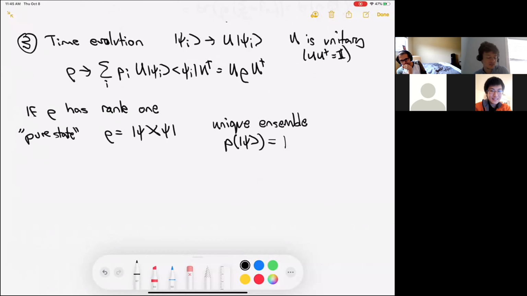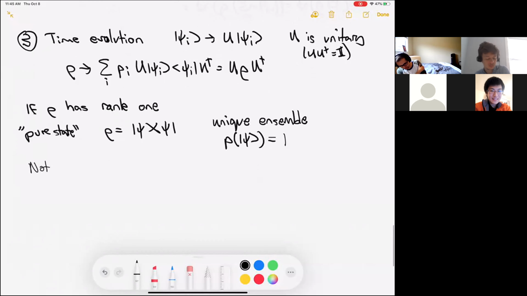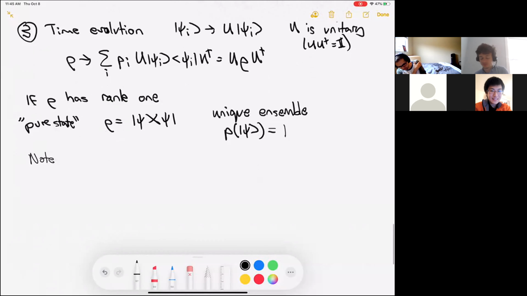One of the nice features of working with the density matrix, even if the state is pure like this, is that previously it didn't matter if the state was psi or e to the i phi times psi, for some global phase e to the i phi.